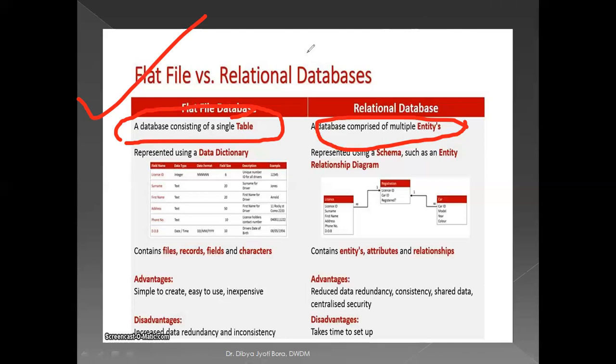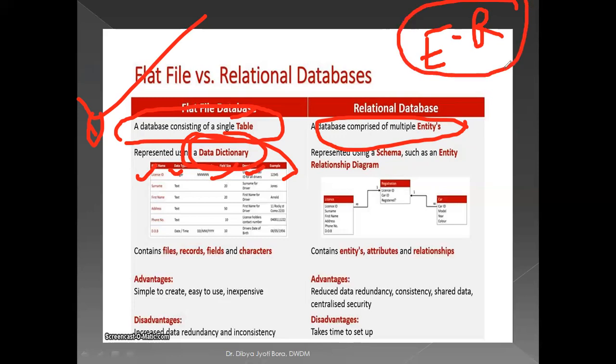Now coming to the second difference, it is represented using a data dictionary. The place where information is kept, we call a dictionary, you know, you see here field number, data type, size, example. So we use a data dictionary in the case of flat file database, and in the case of relational database we use a schema. I hope you have heard about the ER model, the entity relationship model? That one we use in the case of relational database.